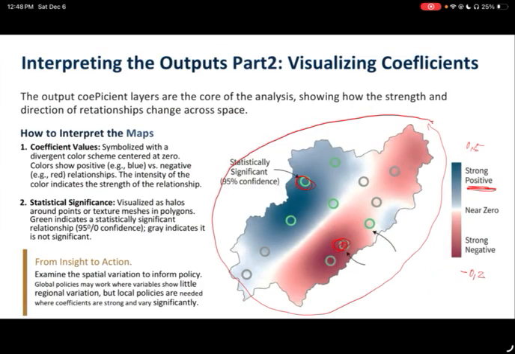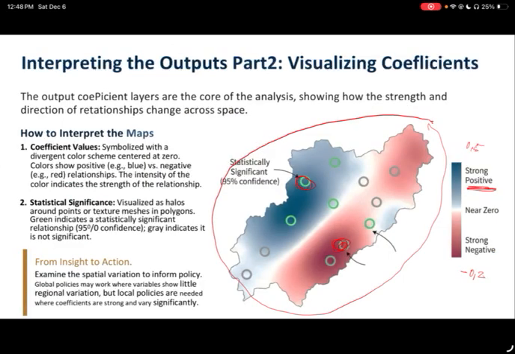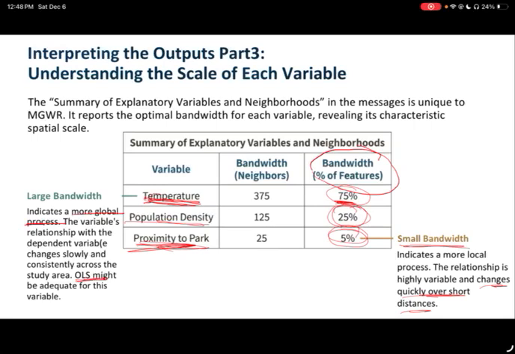So if your bandwidth is pretty large, usually the figure will have the same color for all areas. But if your bandwidth is small, like this, they will show varying colors. They will have different types of color. Maybe here is red, here is blue, there's a yellow. So they have different colors in one map.